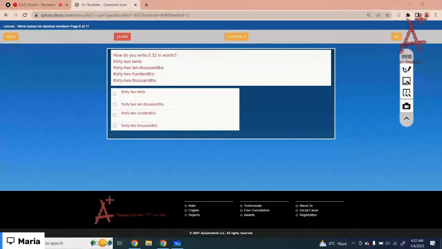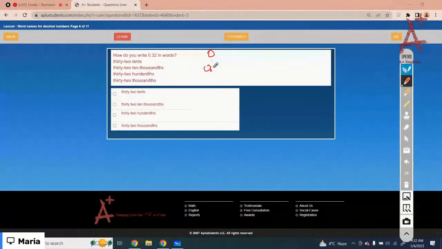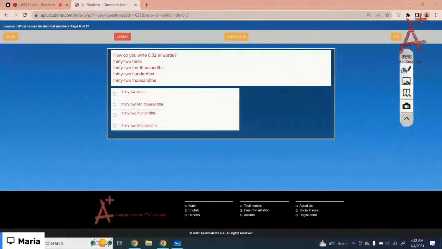So 0 is at the ones position, 3 is at the tenths, and 2 is at the hundredths. Got it? So the value of it would be 100, so it would be 32 hundredths. Option number 3 is the correct option, 32 hundredths. Got it? So just select the correct option, then click on the OK button.